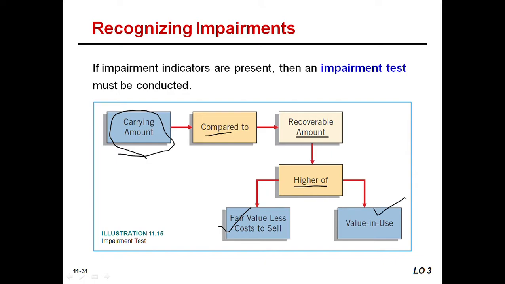So when both of them are given, you have to take the higher of the two to compare it with the carrying amount, right? If the carrying amount is more than the recoverable amount, then there is impairment. If the carrying amount is less than the recoverable amount, then there is no impairment.